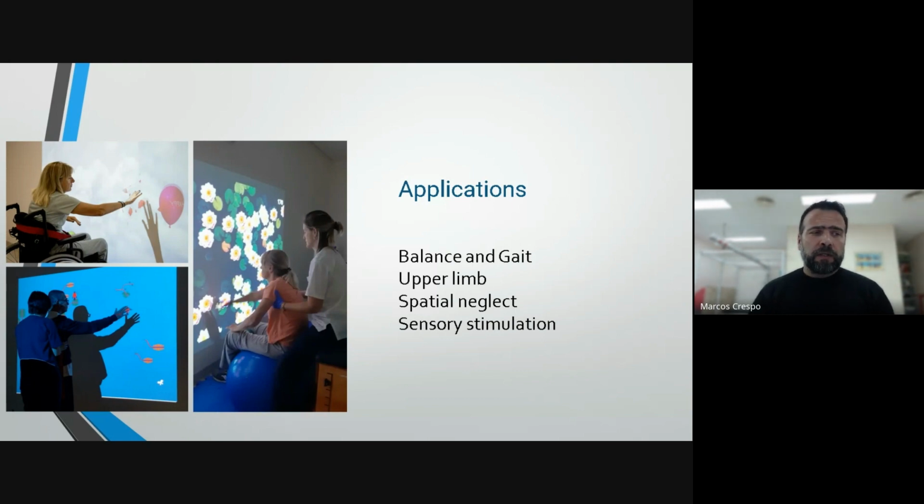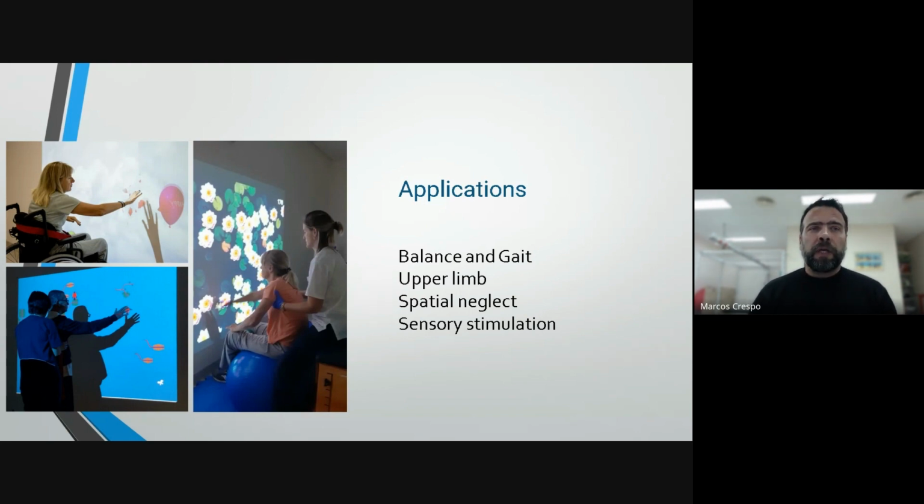We did some trials, not very frequently, in assessment and training of unilateral spatial neglect.